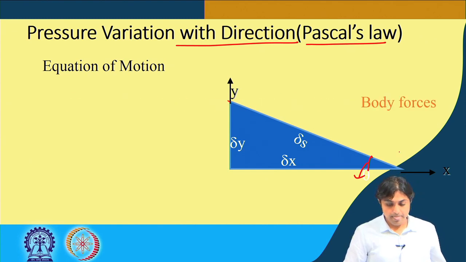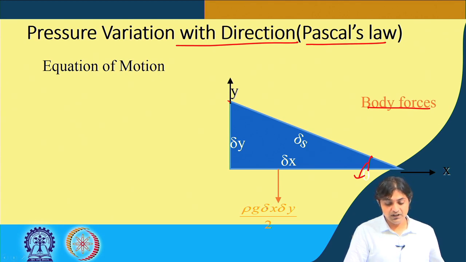When we make a free body diagram, we need to have the forces. The body force is, of course, gravity, so it's going to be the weight. What is the weight? Very simple, it's mass times g. The mass can be written as rho into volume, right?